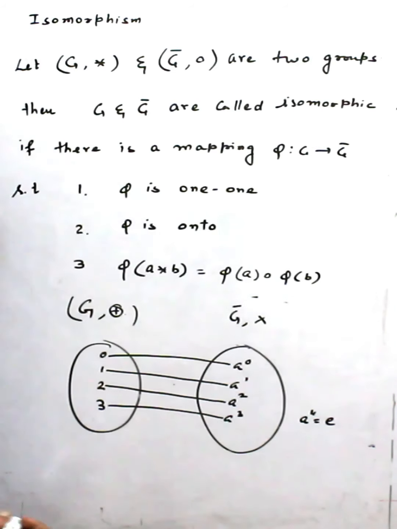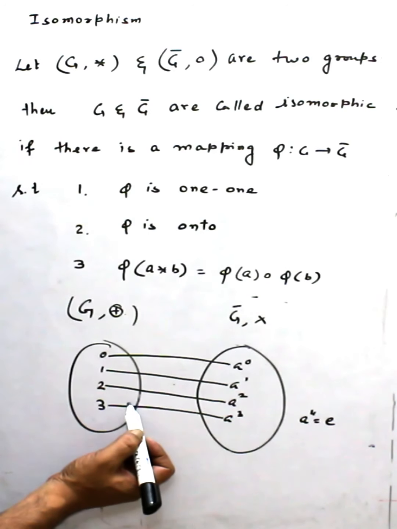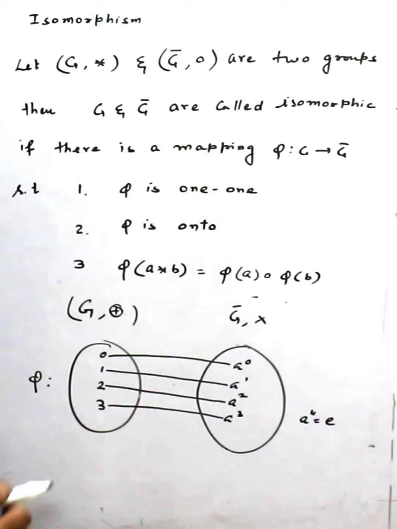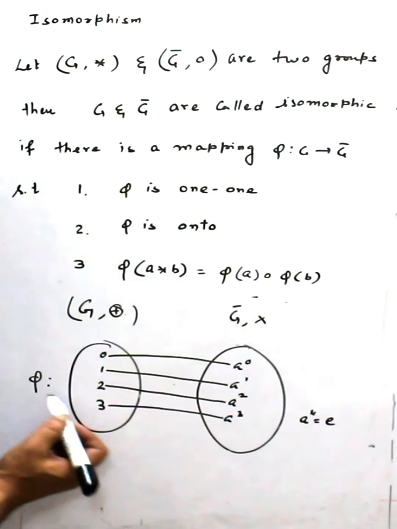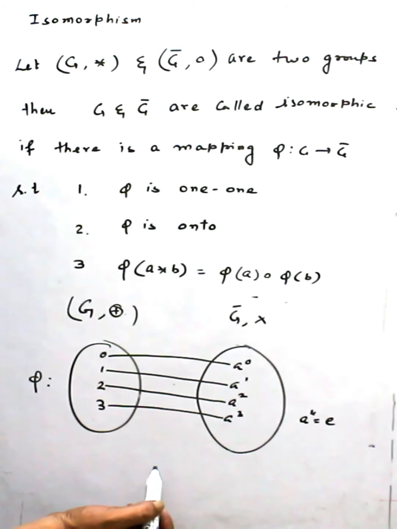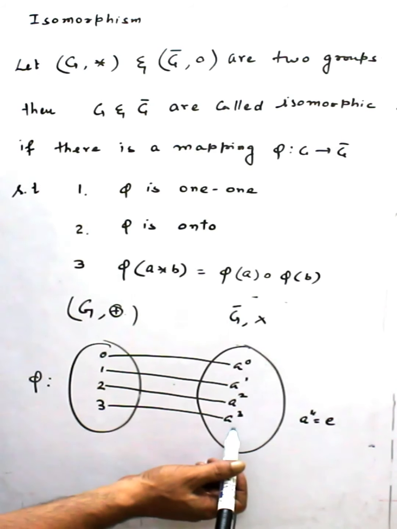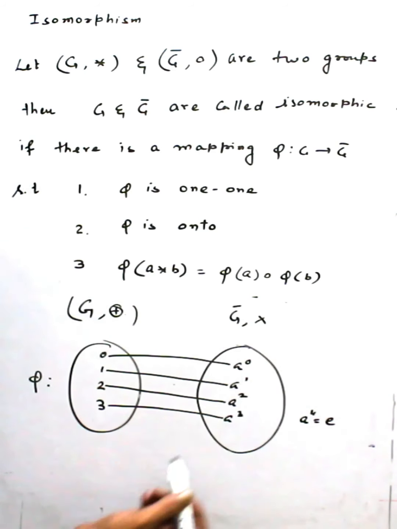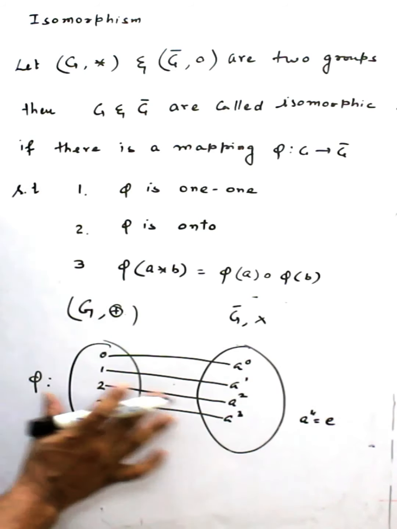So obviously phi is 1-1 onto, because phi maps each time to a separate element, and obviously it is a group, no need to show because you already understand. So 1-1 onto is clear.